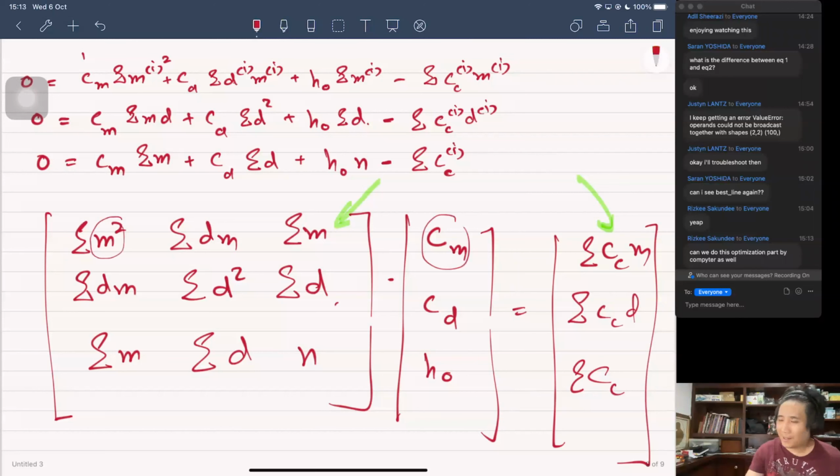You're going to see the pattern that there's a sum over m squared that comes from itself multiplied by itself. If you have 10 equations, it's the same thing. If you have 10 variables, that's exactly the same idea. You're going to see a pattern if you do this enough times.